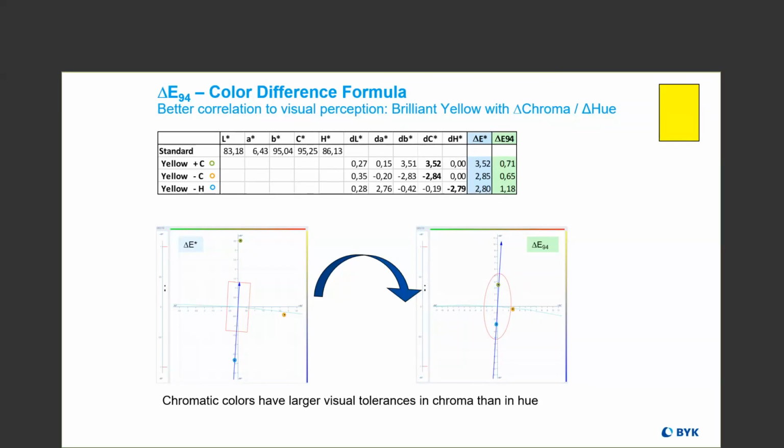And that's because we have larger visual tolerances for shifts in chroma than we have in hue. So we're more easily able to distinguish small shifts in the hue of a color more than chroma. And so that shift in hue causes the DeltaE 94 value to be a bit higher than the ones that are shifted in chroma.